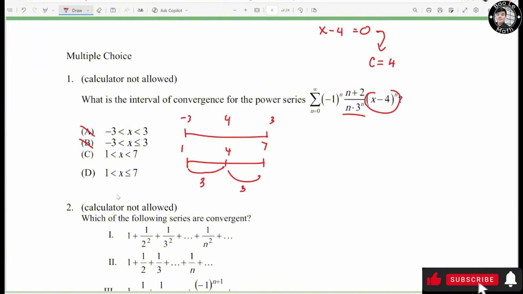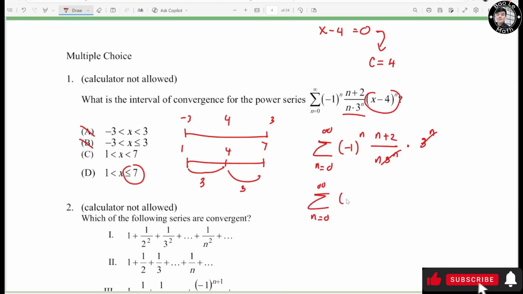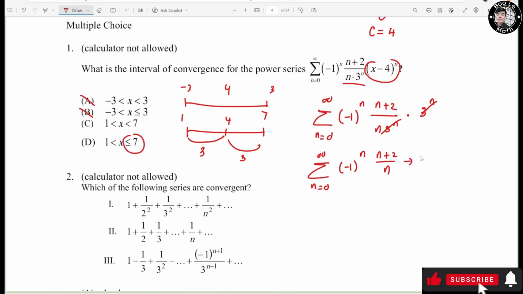Now next, you need to check the endpoints. This one doesn't have an endpoint. This guy has the endpoint right here. So you're going to substitute 7 for s over here. You end up with 7 minus 4, which is 3, so I have 3 to the n right here. Now 3 to the n and 3 to the n cancel out. So I have the series, n goes from 0 to infinity, of negative 1 to the n times (n plus 2) over n. Now we take the limit of (n plus 2) over n when n approaches infinity.